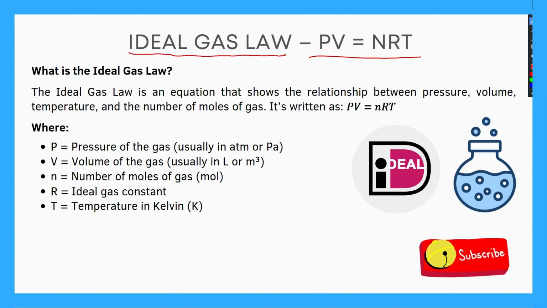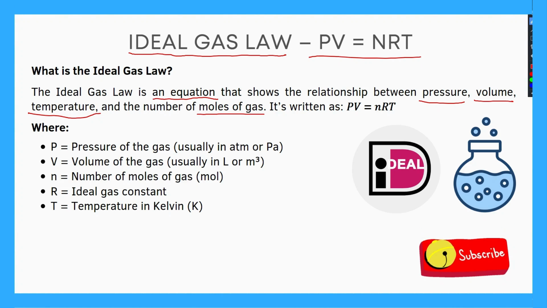First things first, what is the ideal gas law? The ideal gas law is an equation that shows the relationship that occurs between pressure, volume, temperature, and the number of moles of a gas. We saw some gas laws in our previous videos that showed the relationships between some variables.